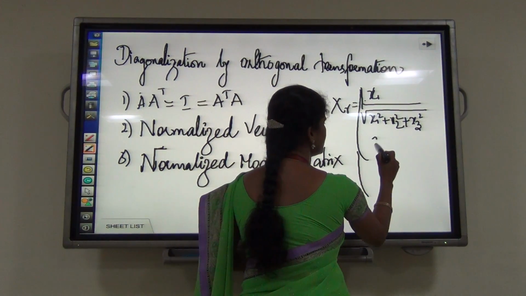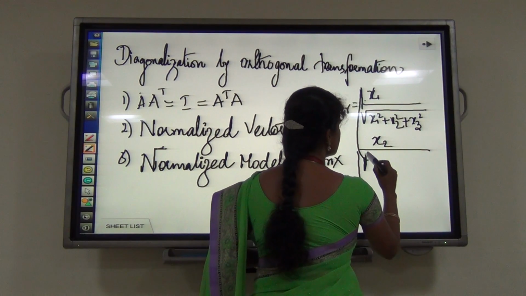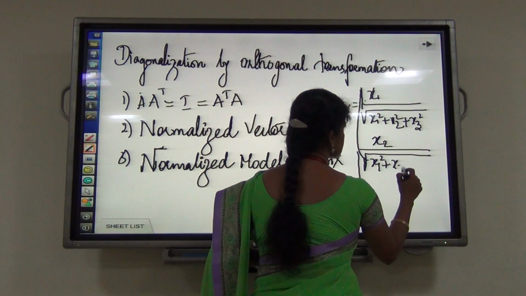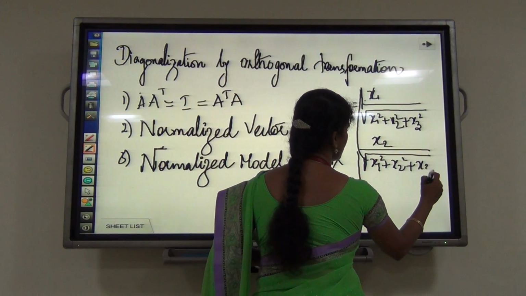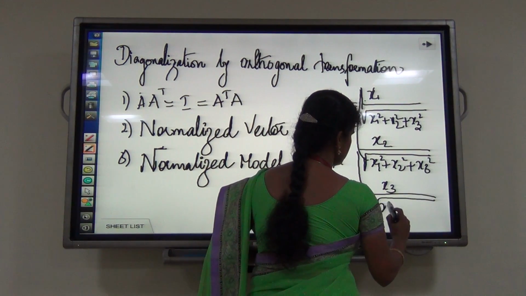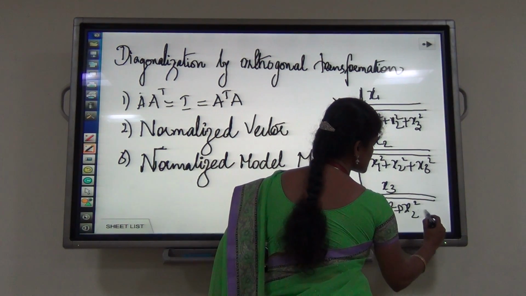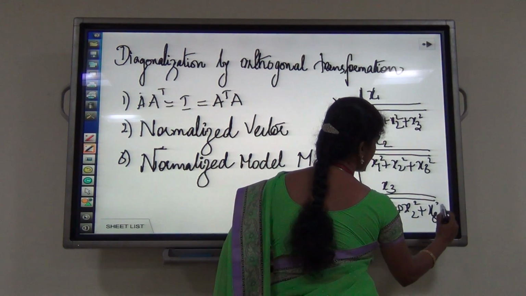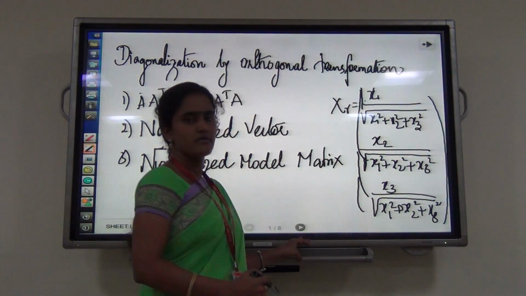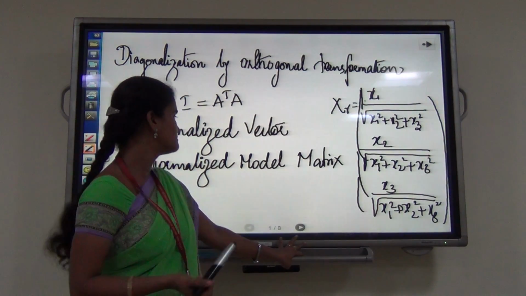Similarly, the next element x2 is divided by the root of x1 square plus x2 square plus x3 square, and x3 is divided by the root of x1 square plus x2 square plus x3 square. This is how we are going to find the normalized vector. We know how to find the vector, and then this is the way to find the normalized vector.